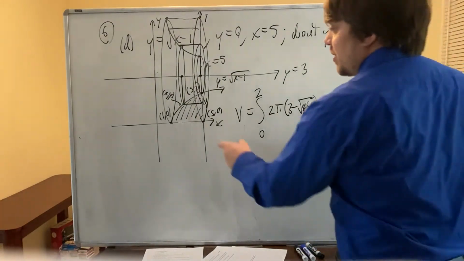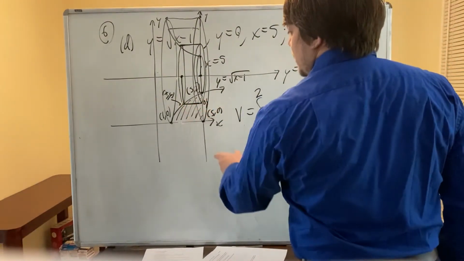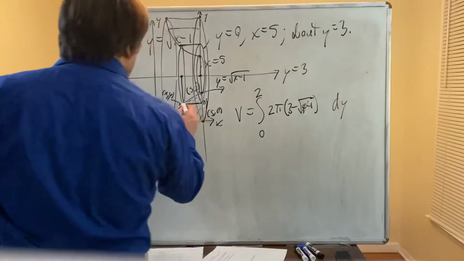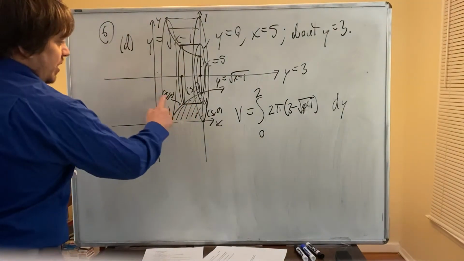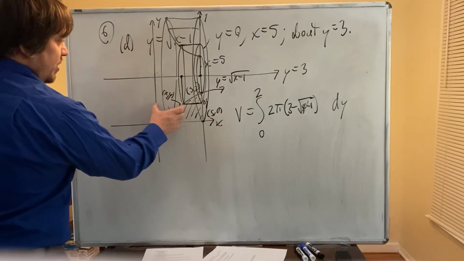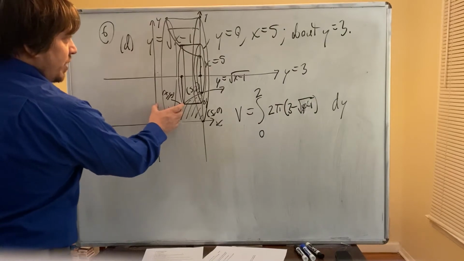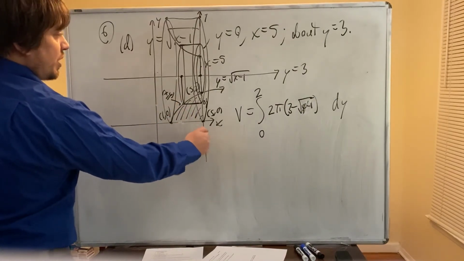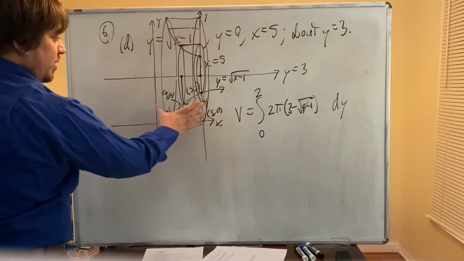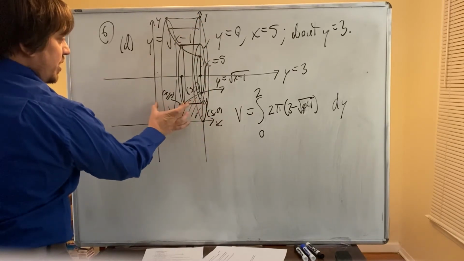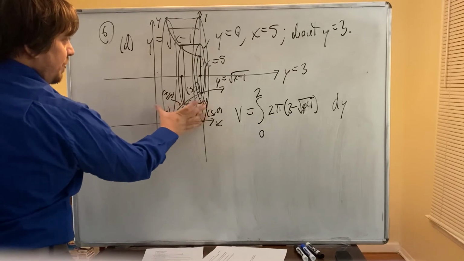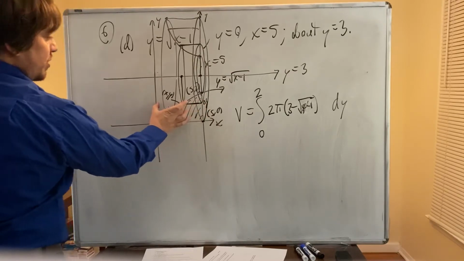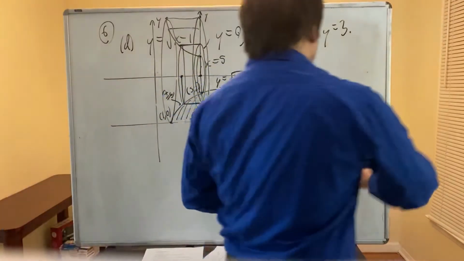Now the height of the cylindrical shell: this point is x comma y, and this is the x distance of that point. This is x equals 5, that vertical line, so this whole thing is 5. The height is 5 minus x.